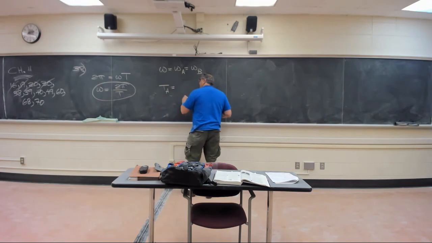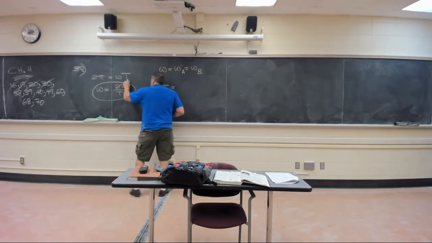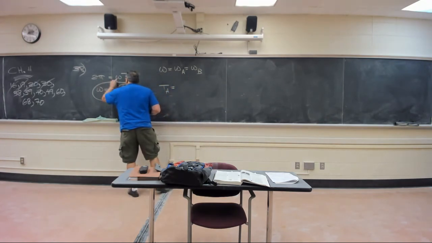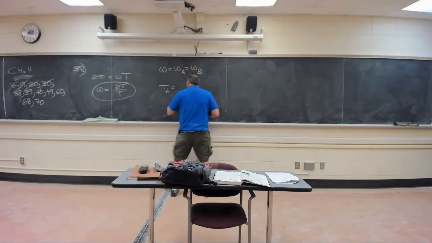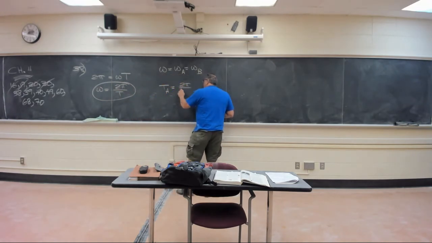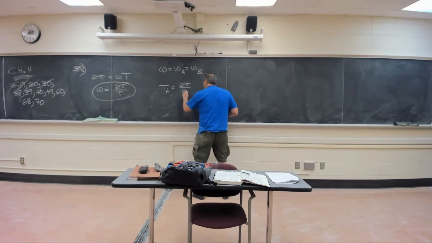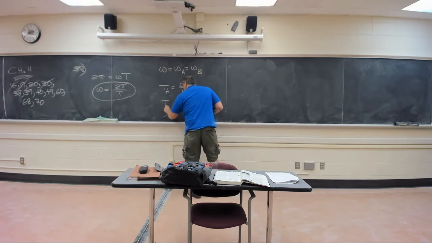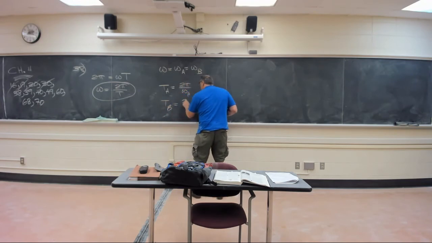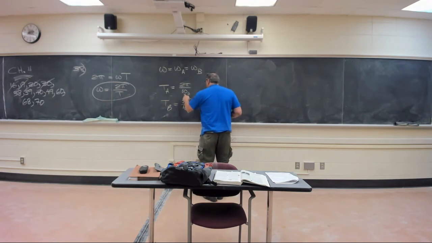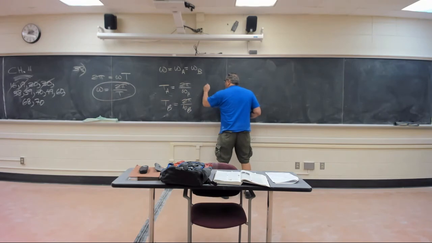T sub A would equal 2 pi divided by omega sub A. T sub B would equal 2 pi divided by omega sub B. Man, didn't we just say that omega sub A and omega sub B are equal?